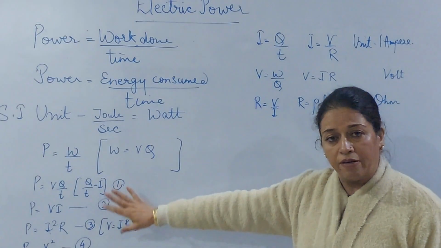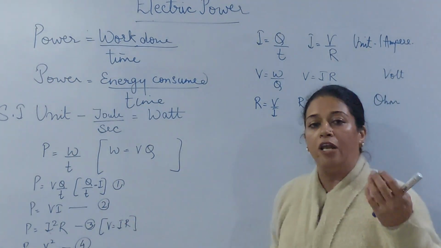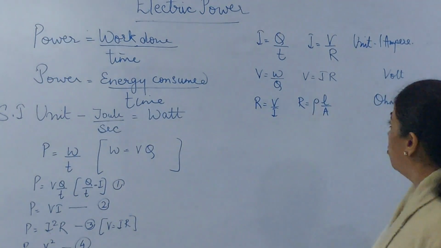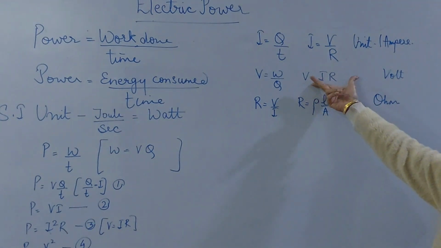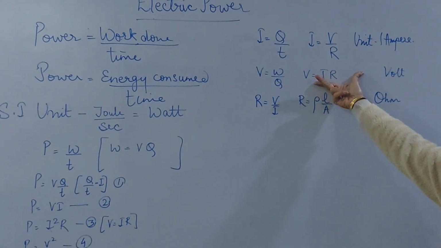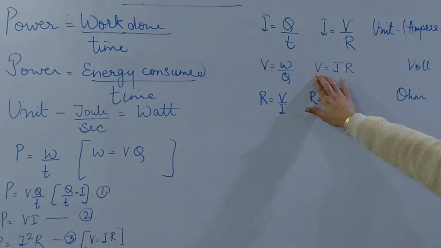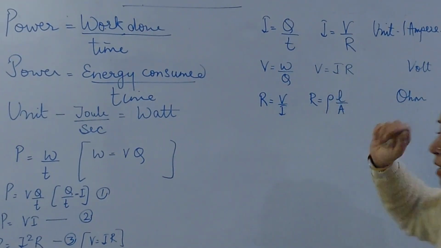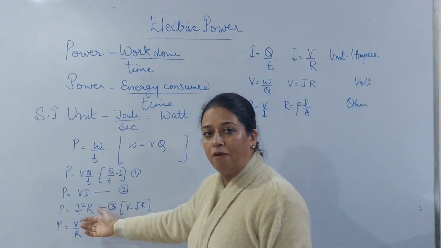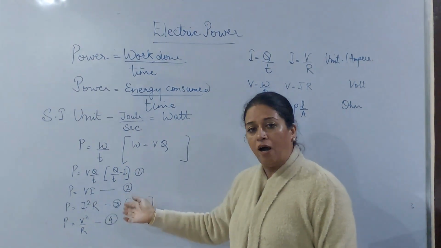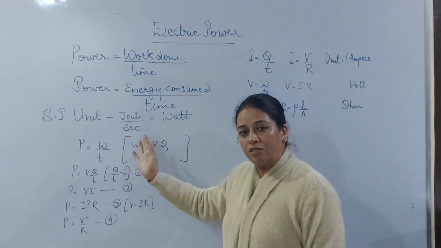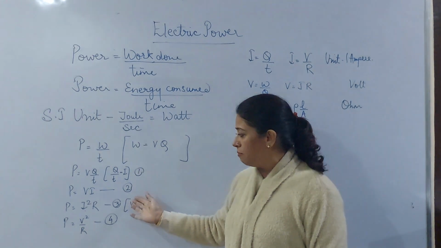So that's interesting, right? If we put the value of V from Ohm's law, you all know that V equals I into R. So if I replace the value of V as IR, we get a new formula for electric power, that is I square R. So interestingly, we've got three formulas to calculate electric power.